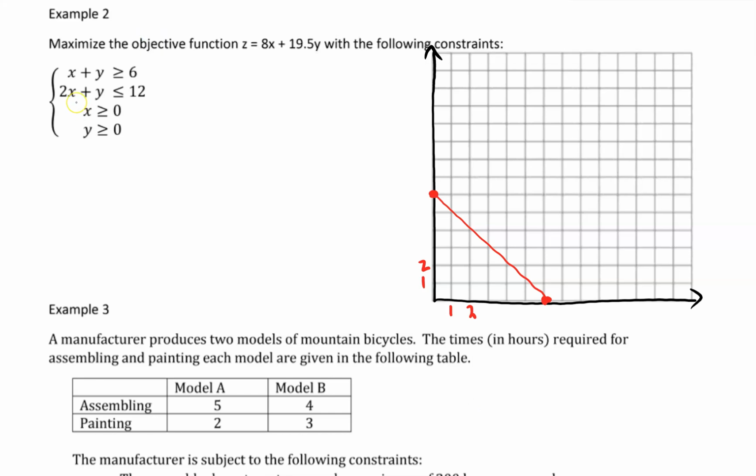The next one, same idea. I'm going to put 0 in for x. That means y is 12. That means I'm going to be right here. And if y is 0, then this one would be 6, which means I'm on top of this point right here. So now I have that point that I need to graph.